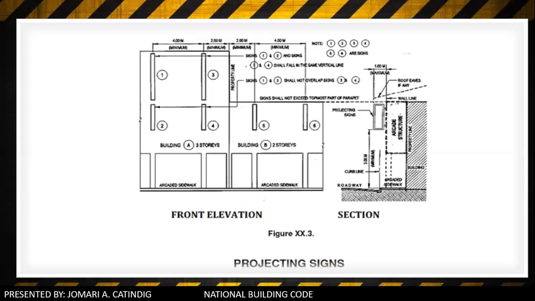Then signboards on a multi-story building shall be erected on the same vertical line and shall not overlap each other. Then tops of the signboards shall not extend over the topmost part of the parapet or the bottom line of the eave of the building.